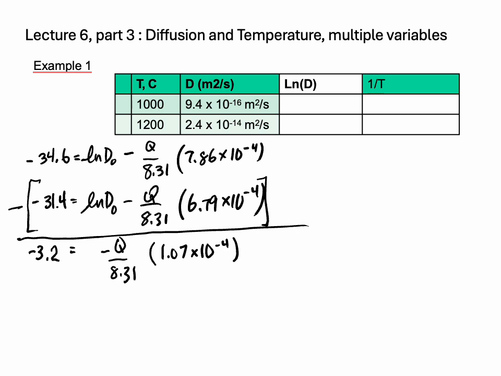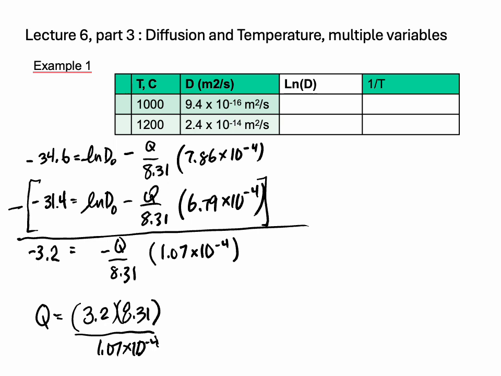So Q then is equal to 3.2 times 8.31 divided by 1.07 times 10 to the negative 4.